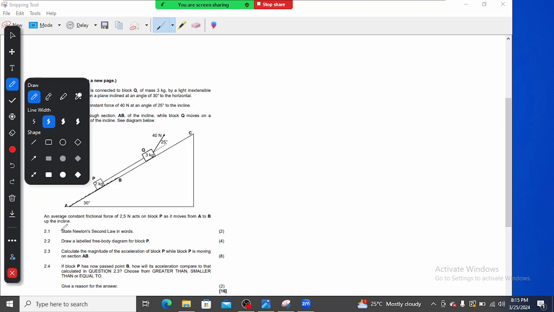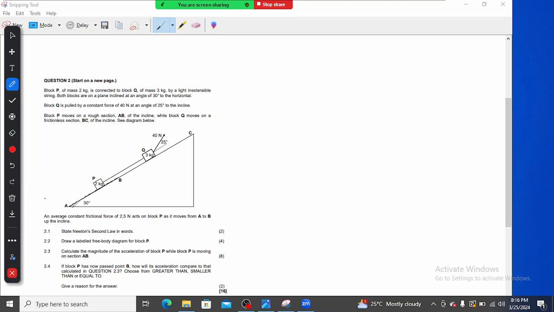Now, in 2.3, they are saying calculate the magnitude of the acceleration of block P while block P is moving on section A to B. You can see that section A to B is the section where block P has the frictional force, right? But the most important point is this.